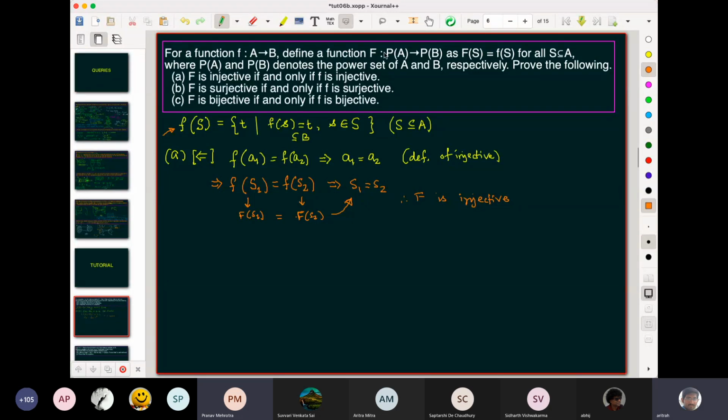No, I couldn't understand one thing. See, this function is from power sets, that is the sets of elements from A to the sets of elements from B. The power set of A has all the subsets of A, no? Yes. So suppose A is 1, 2, 3, and I have the power set of A as these elements.